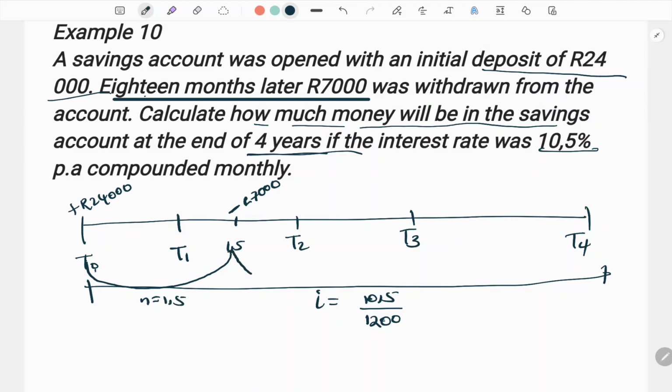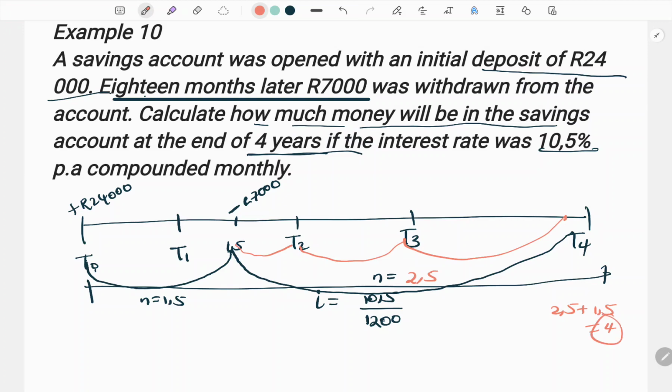Then from there to the other one, your n would be 2 years plus this 0.5, so it's going to be 2.5, because 2.5 plus 1.5 is 4 years. So you're going to find the answer from period to period using the formula.